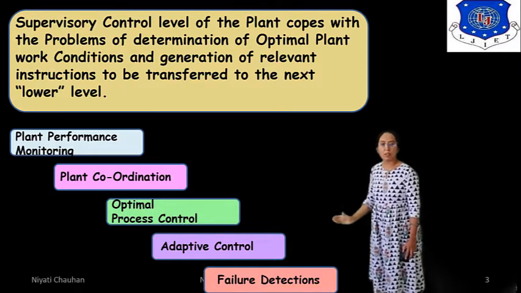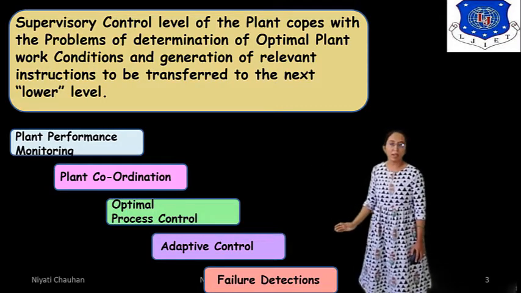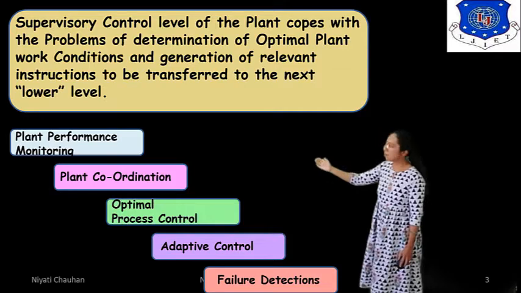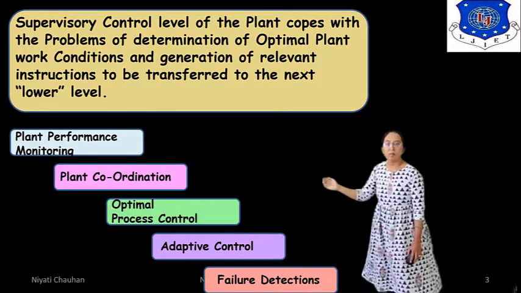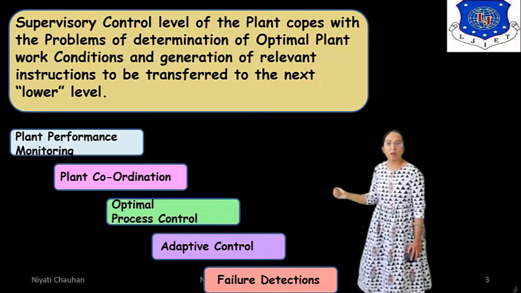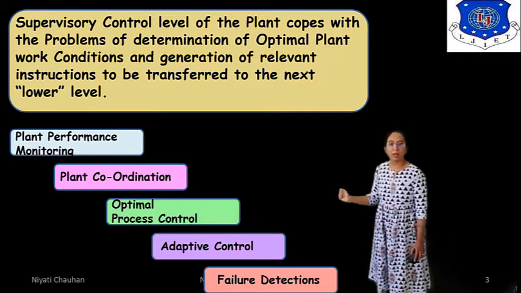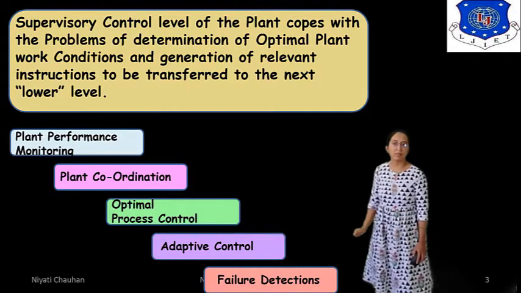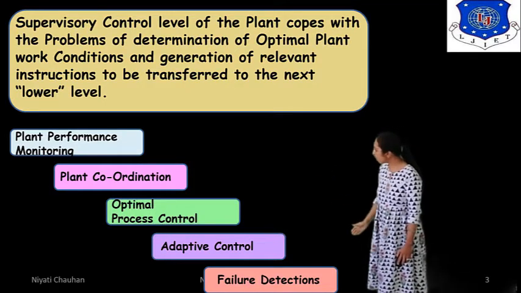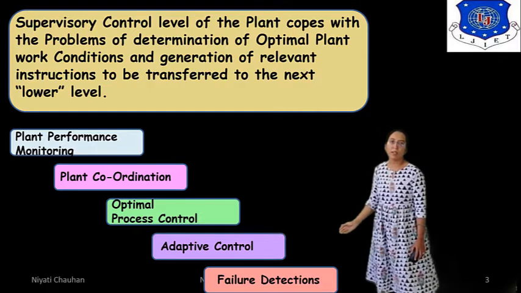These are the functions of the supervisory level: plant performance monitoring, plant coordination, optimal process control, adaptive control, and failure detection. So these are the functions of the supervisory control level.